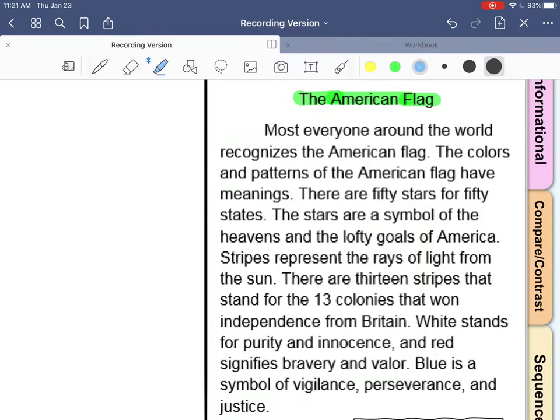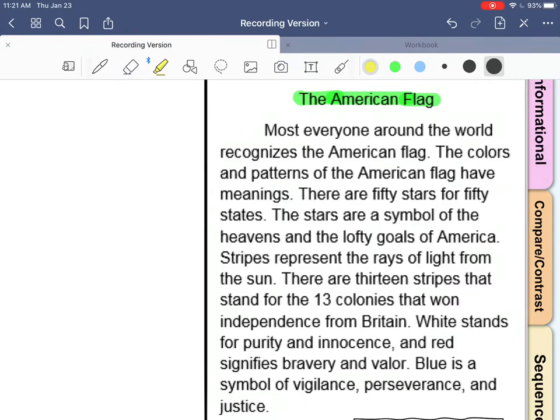So I'm asking myself about this American flag, what is it that they're trying to tell me? What did they spend all this time talking about? And I'll tell you what, let's go ahead and get the yellow. Let's go ahead and get our keywords.